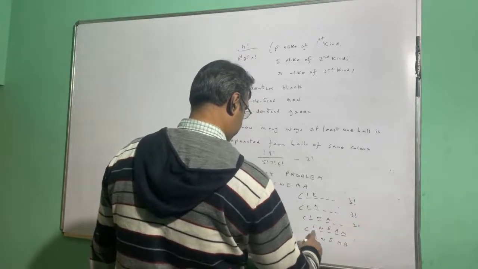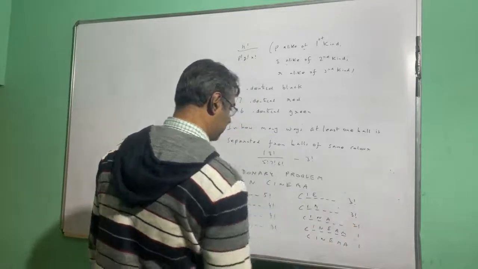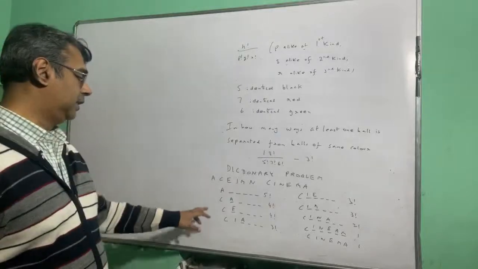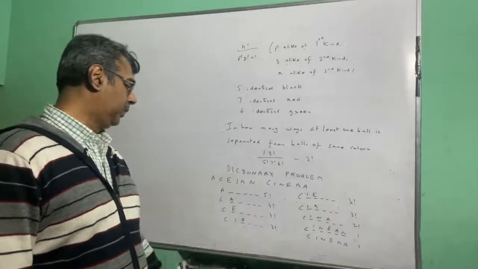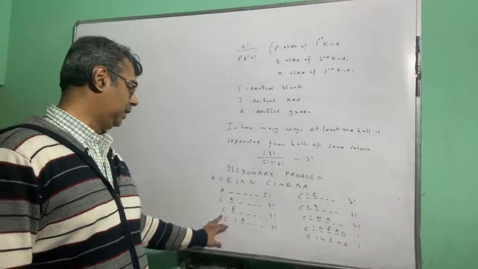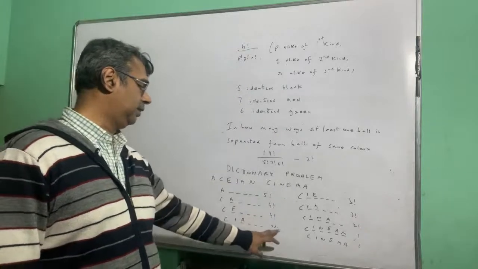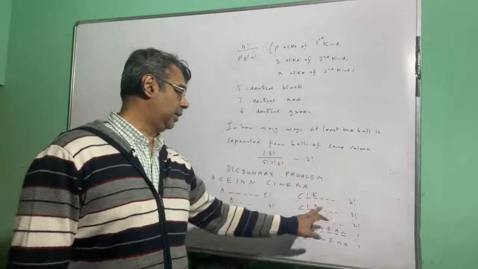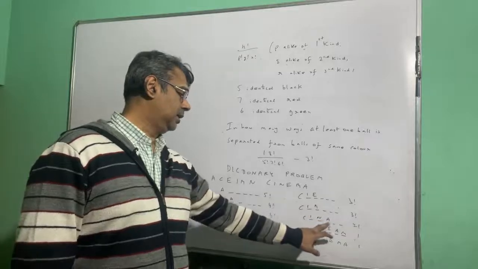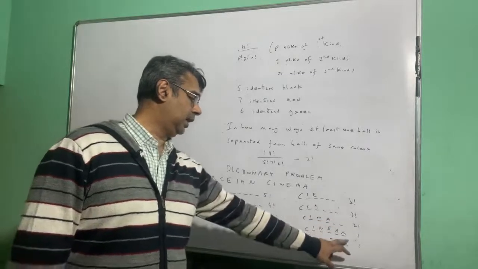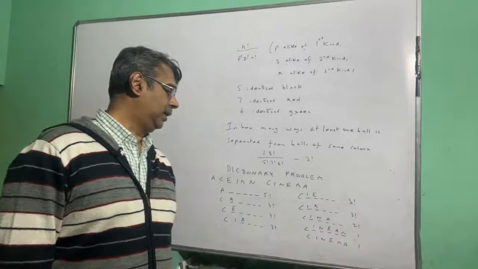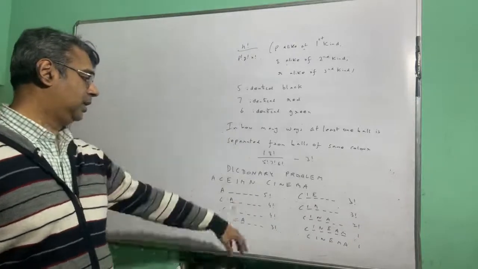CINA, 2 factorial. Then CINEAM is 1, and CINEMA is 1. So now let's add it.